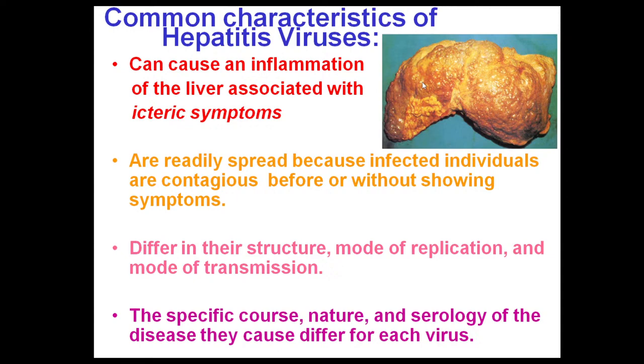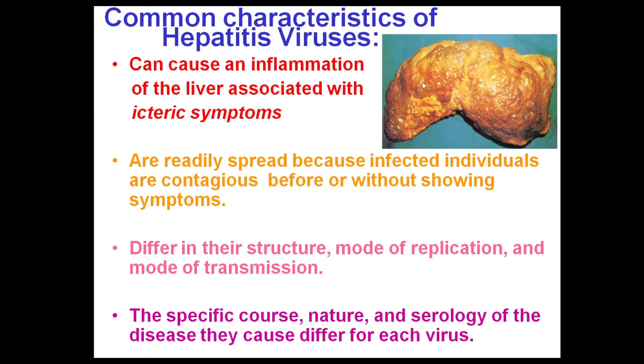But in other features, all those hepatitis viruses are different. They belong to different families, they have different structures, and they replicate in their own ways. And that's why they may cause specific symptoms, and the time course and the severity of the disease can be different.